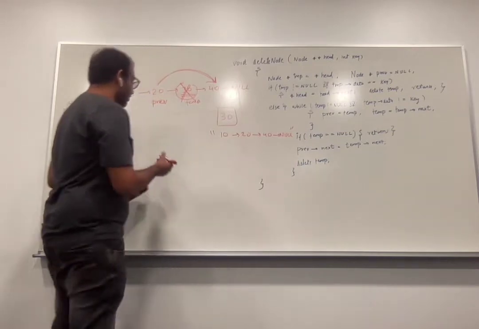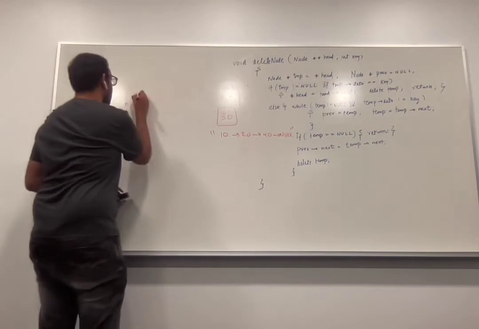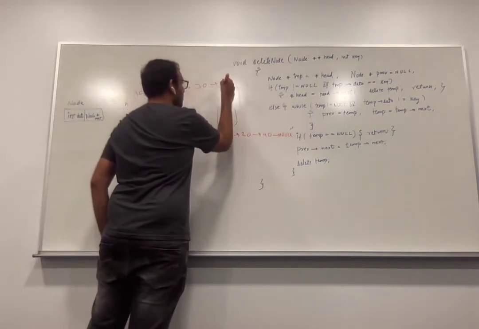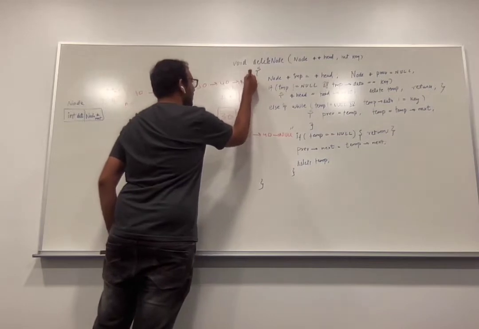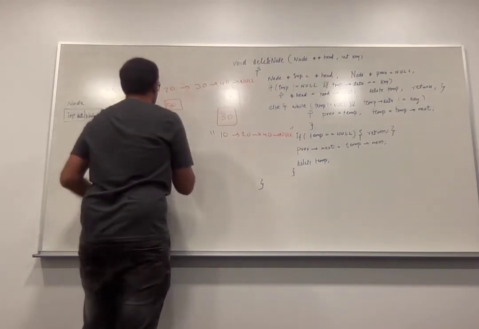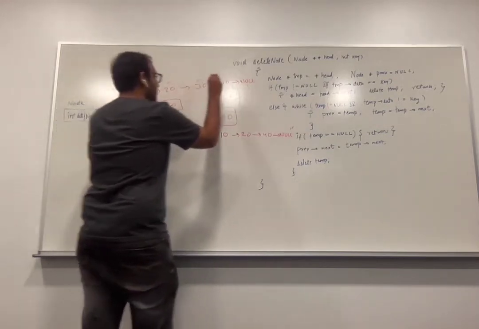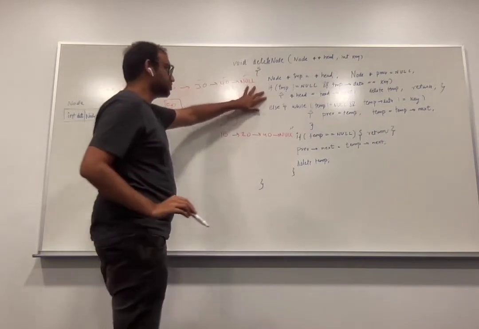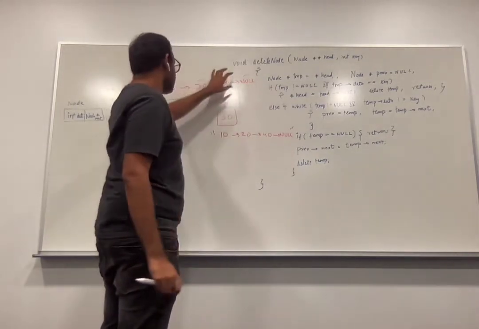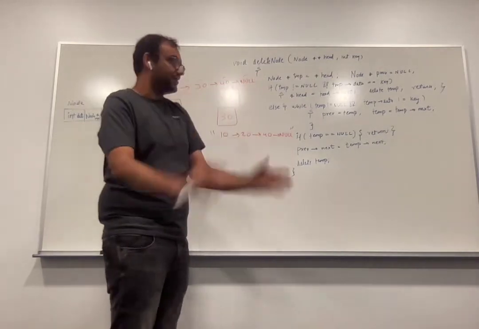If you think logically, suppose given the same linked list, 10, 20, 30, 40, null, we are trying to delete something with the value 50. If our temp at any time reaches null, we can say for sure that we have not encountered anything in this linked list with the value 50, as null is always our ending point.